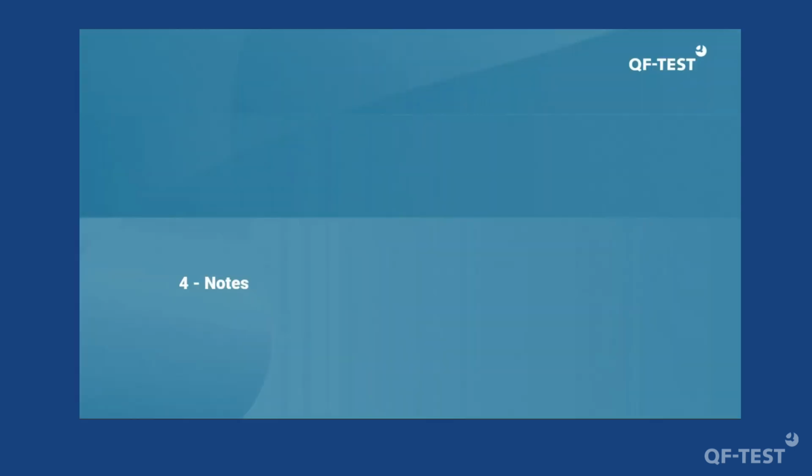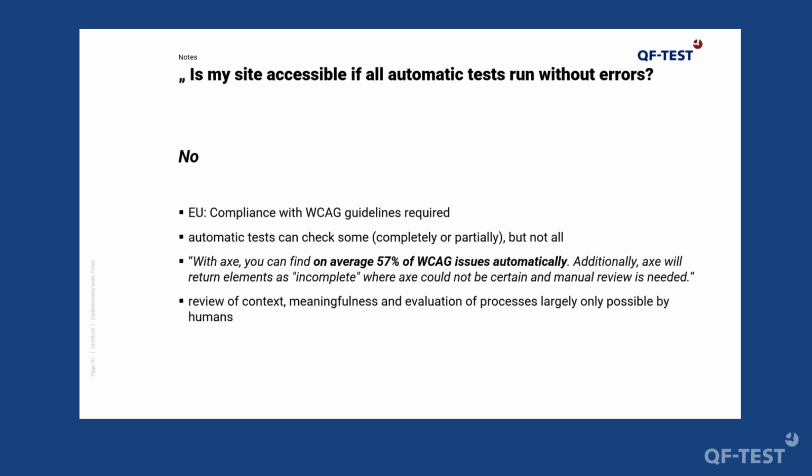So I think a very important question I often heard when I was working with customers is whether their site is accessible if all automatic tests ran without errors. Like they said they implemented a test checking all the web content accessibility guidelines of level A and AA. And they also did some color contrast checks, and all of them were fine. There were no errors found. Is the site accessible?